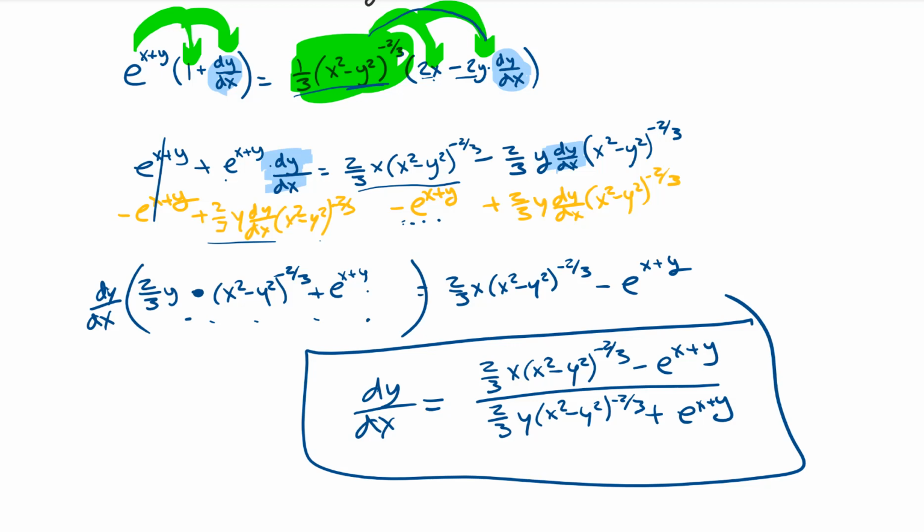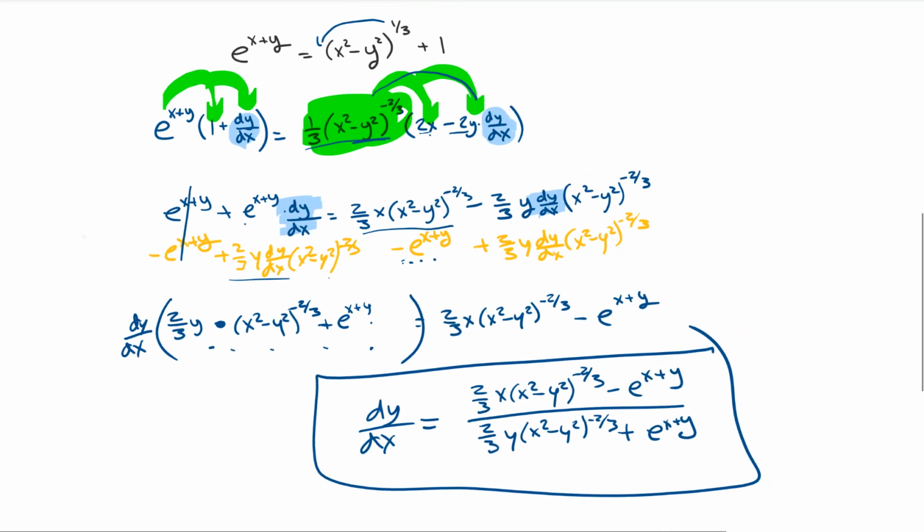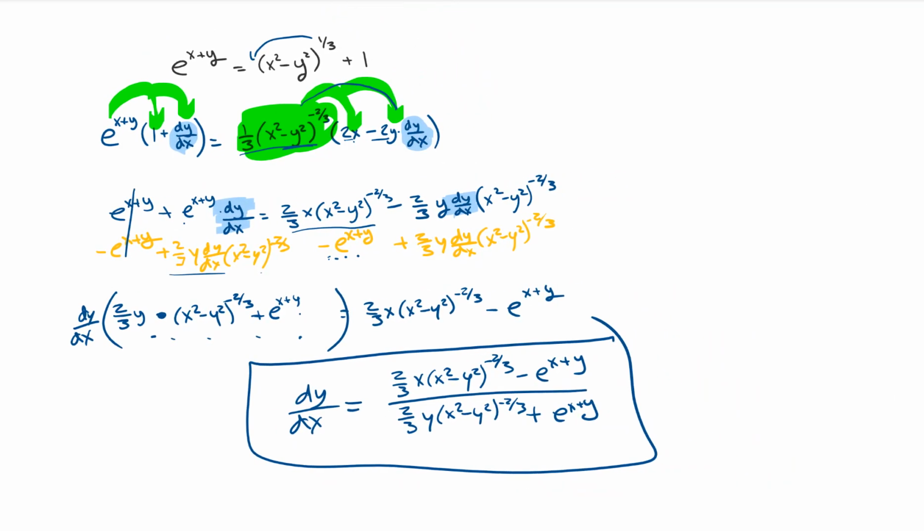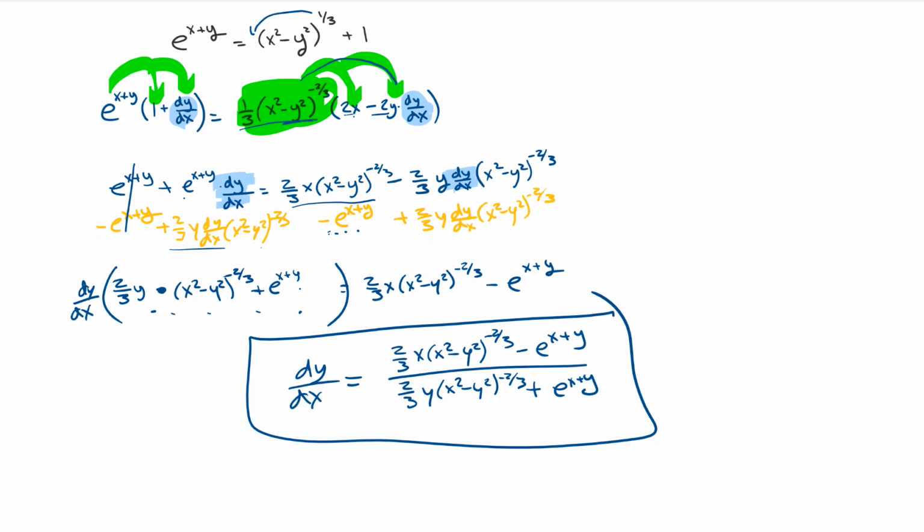Algebra, yeah? Fun stuff. But after you do a couple of these problems, from this step you can just go straight to this step once you see it. But I digress. Let's keep going.